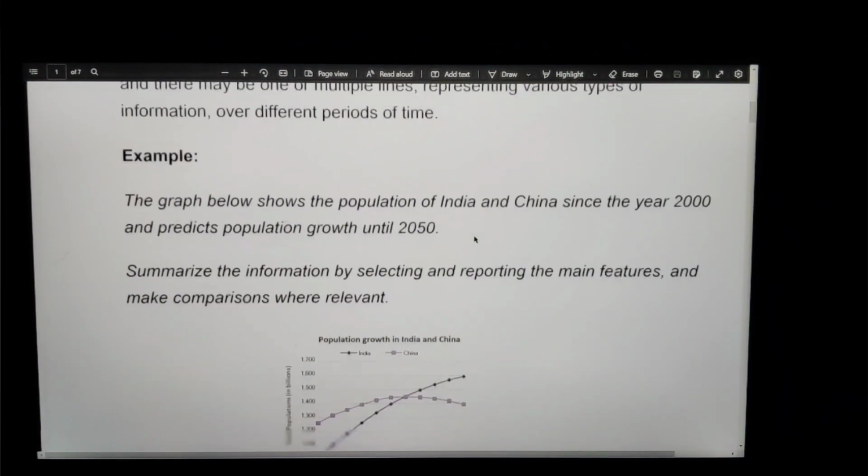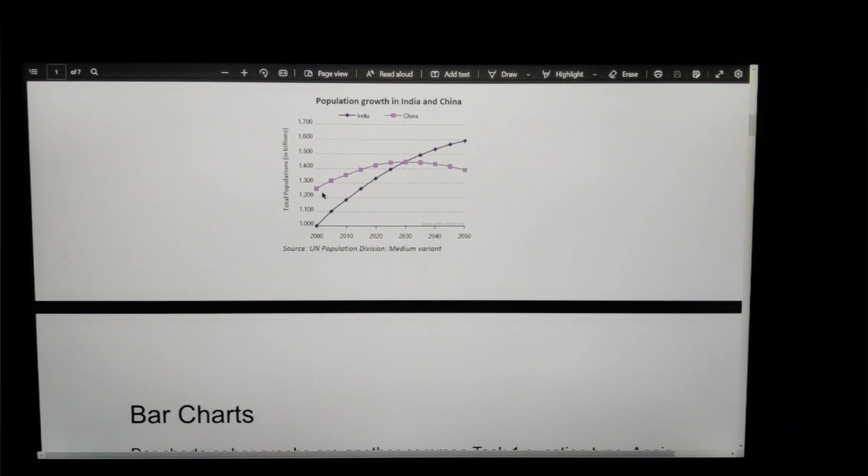Likewise, in line graphs, we'll highlight the main features of the first one, that is India, like the trends in growing and something like that. And in the fourth paragraph we'll highlight the main features, like in the year 2025, I guess, the Chinese population will be at peak and it will be a declining trend, and by the year 2050 the peak will come down.